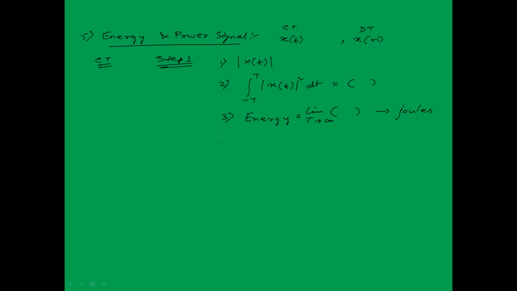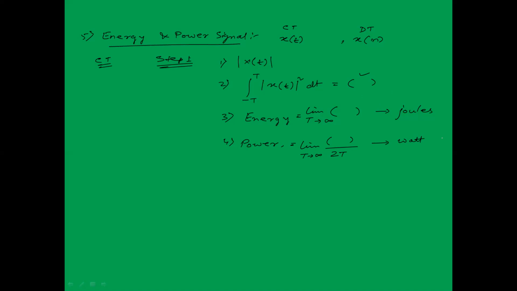For the power of the signal, whatever I get here is divided by 2T, with the limit T tends to infinity, and it is represented in watts. So these are the main steps I have to follow to find the energy as well as the power of the signal.